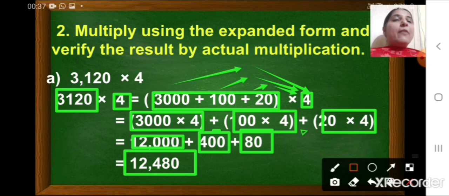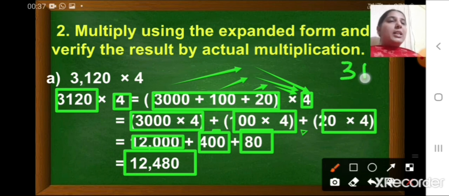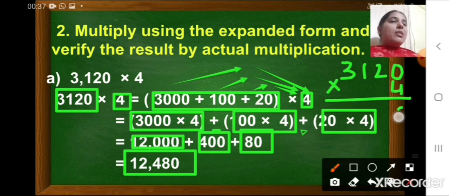Now you have to verify the answer by actual multiplication. So let's multiply to see whether we get the same answer or not. 3,120 multiplied by 4 here. So 0 fours are 0, 2 fours are 8, 4 ones are 4 and 3 fours are 12.